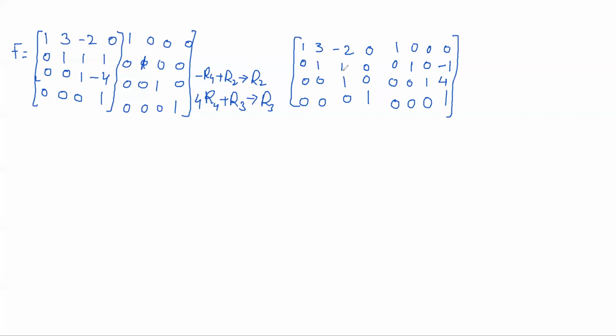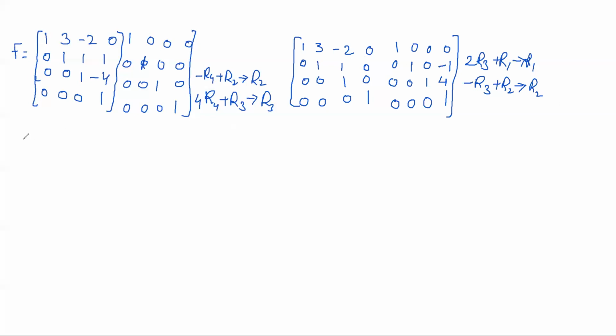Okay, so now I will move to here, and I need to make these two values 0. In this case, I will take minus row 3 plus row 2, so that will be the new row 2. And then I will take 2 times row 3 plus row 1, that will be the new row 1.